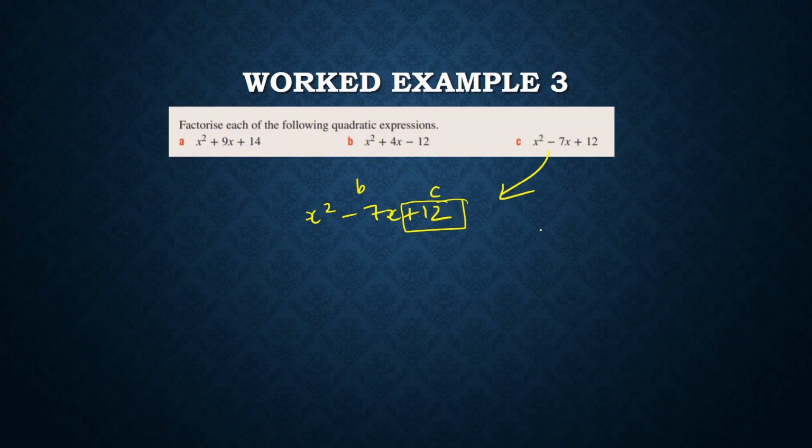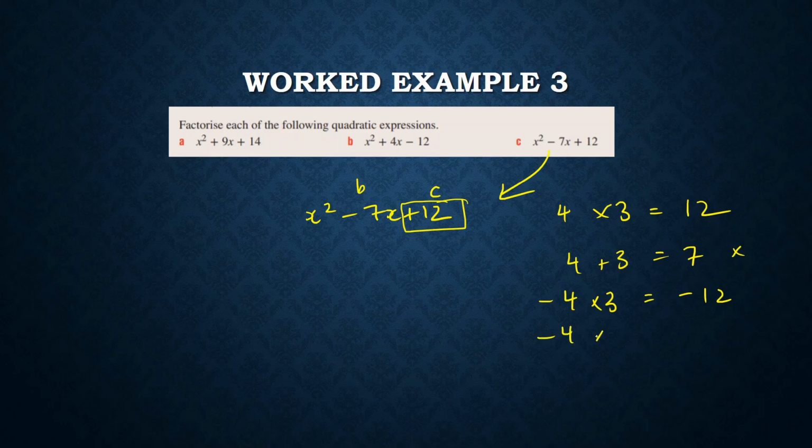So I know that 4 times 3 is 12. But I know that if I added 4 and 3 together, it would give me positive 7, which is not correct. So then my next question is, well, what about negative 4 times 3? Well, that would give me negative 12. Is that negative 12? No, it's not.